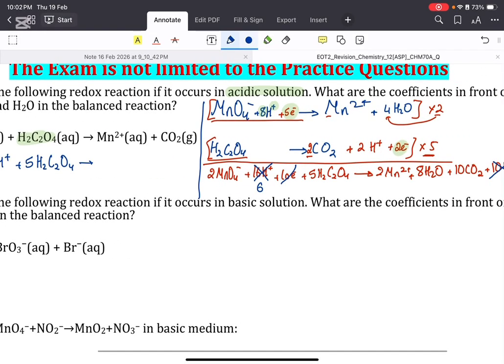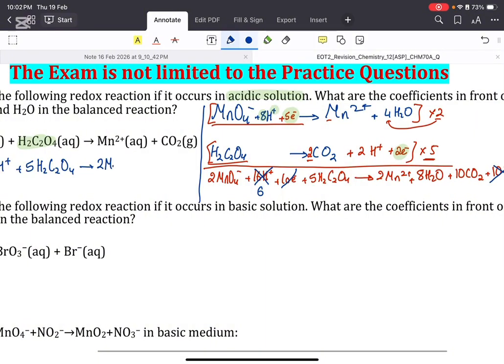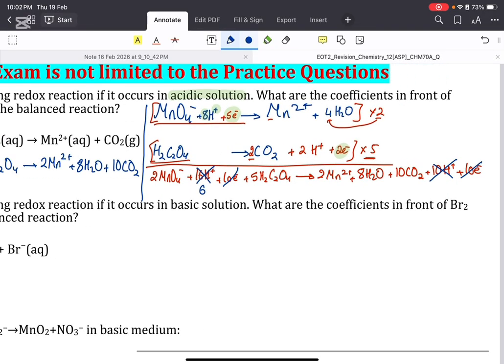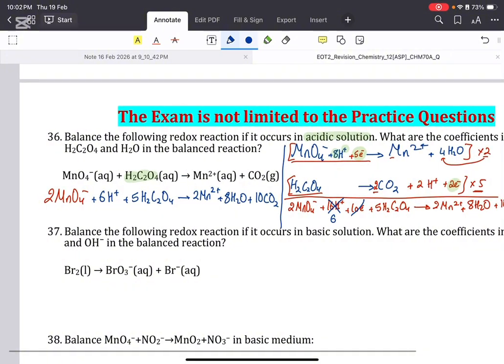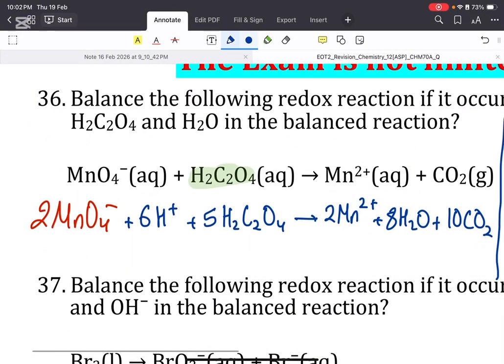This is gonna give me 2Mn2 plus and 8H2O and 10CO2. So the question was, what are the coefficients for H2C2O4? It's gonna be 5, and for H2O is gonna be 8.